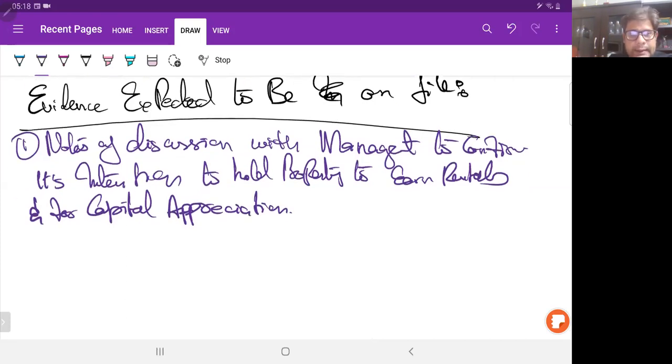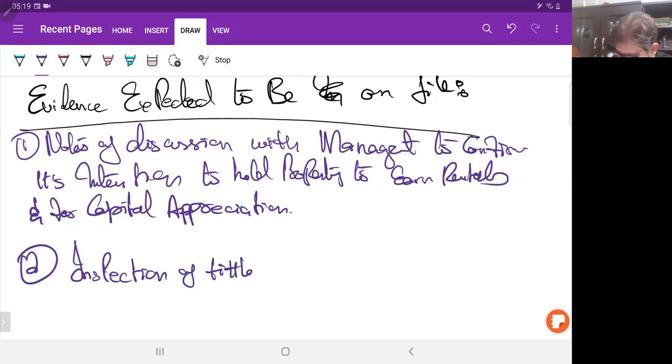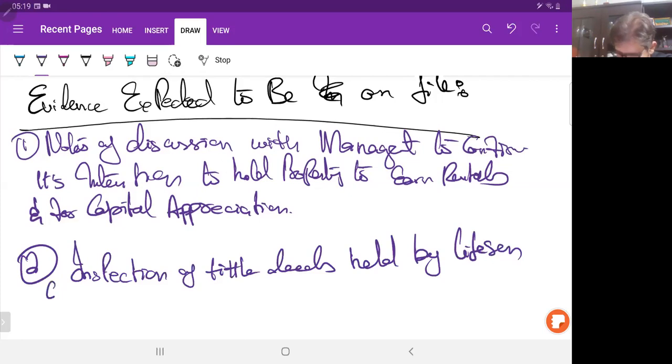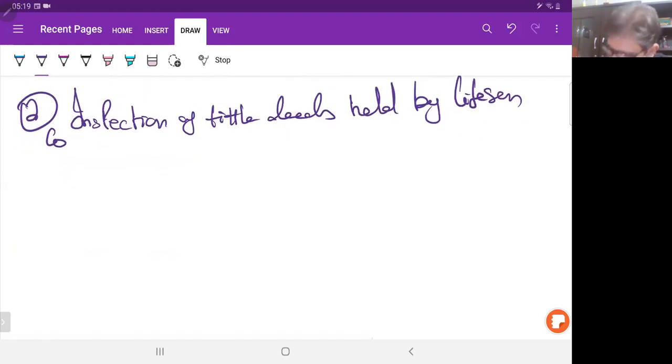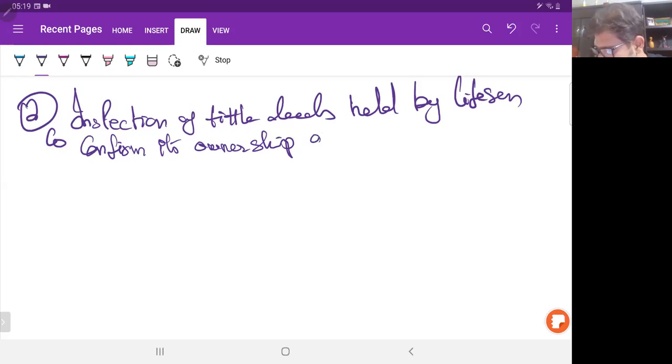Number two, inspection of title deeds held by Lifeson Company to confirm its ownership of the investment property.